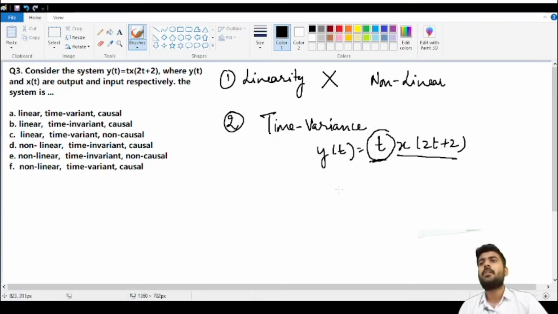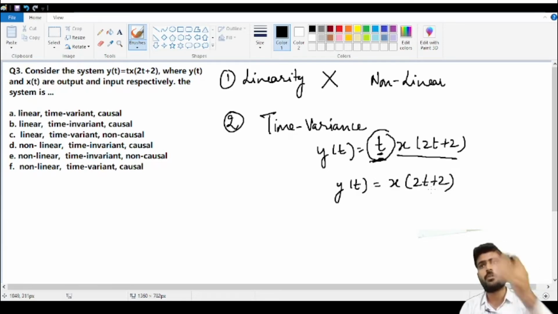If this time instant term was not there, suppose the system was something like this, then we could have said that the system in this case is time invariant. But since this t term is present here, the system will be time variant.